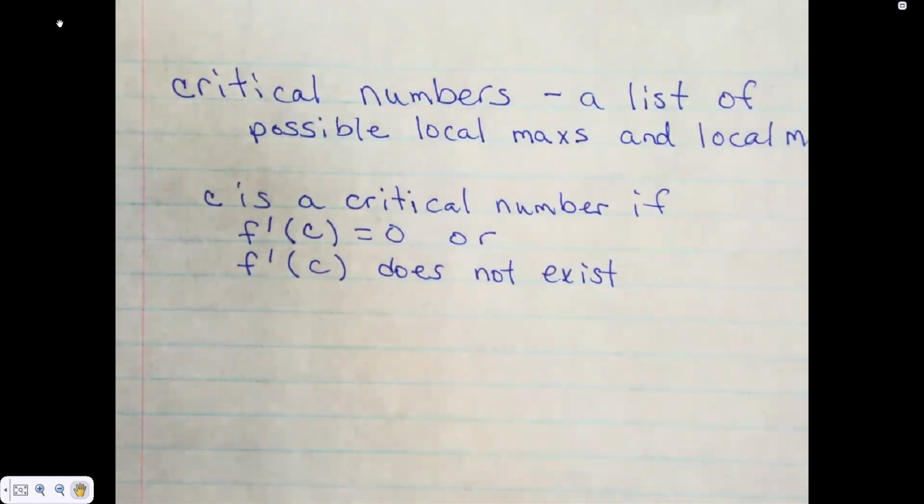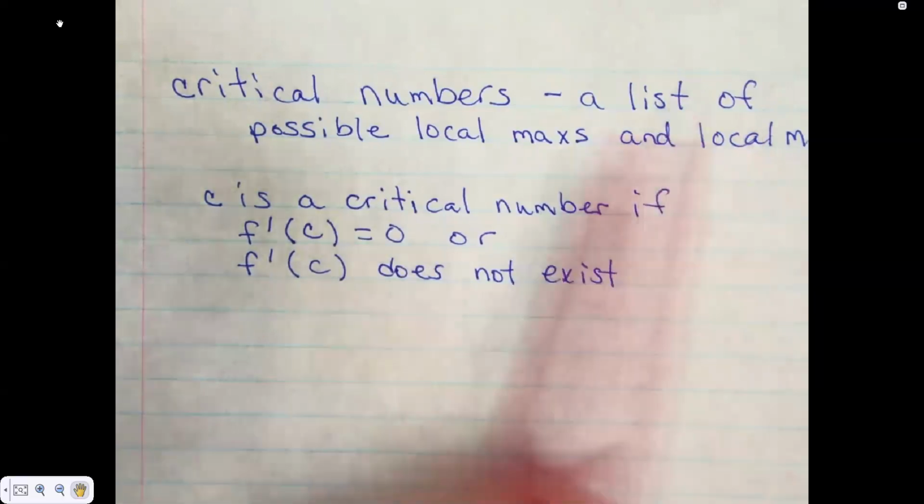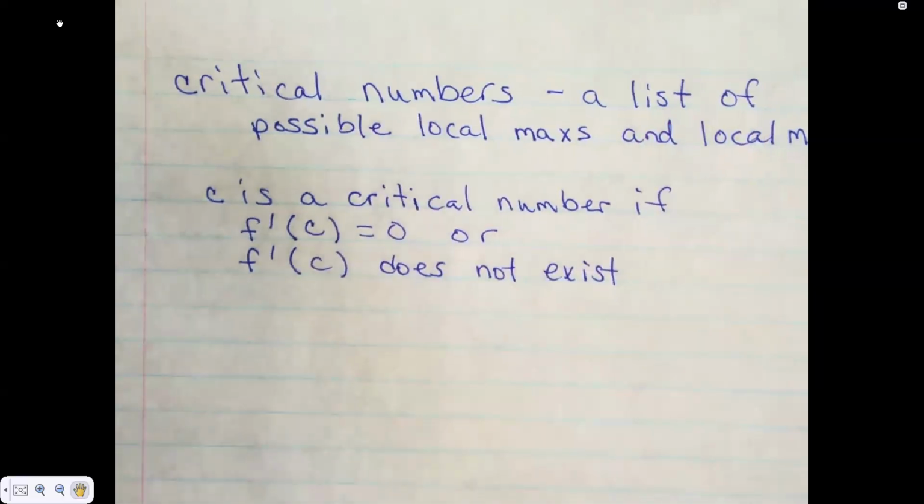Most of the time, the list is like 90% correct, but every once in a while there's an extra. There's never any missing. It's only an extra. And when we go through an example, I'll remind you of that. But it's a list of possible maxes and mins.